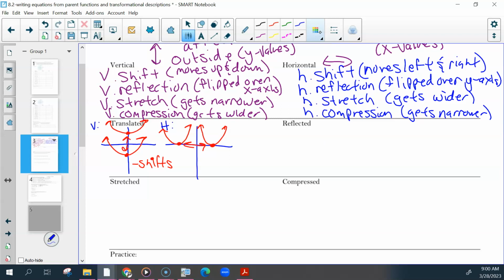We're going to do the same thing for the reflected. Draw in two axes. Label one as V, one as H. If your parent function's quadratic was reflected vertically, it would flip upside down or flip over the x-axis.